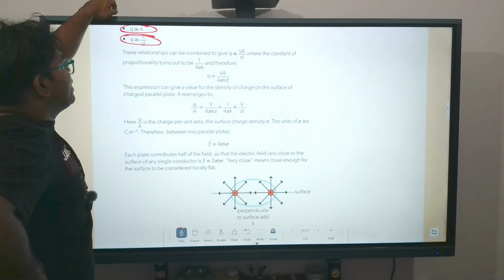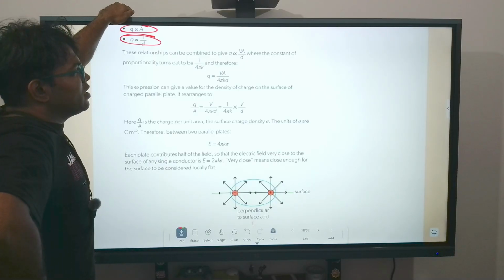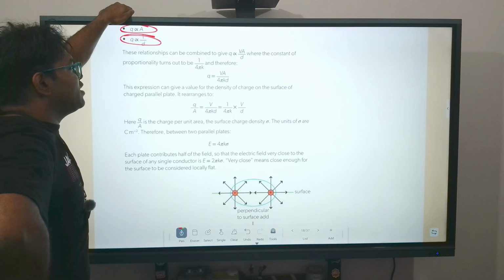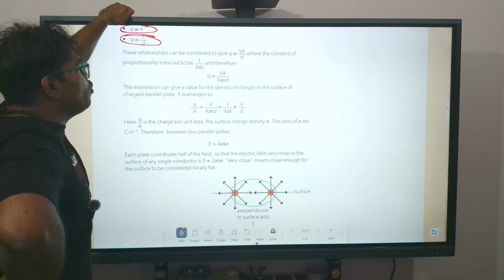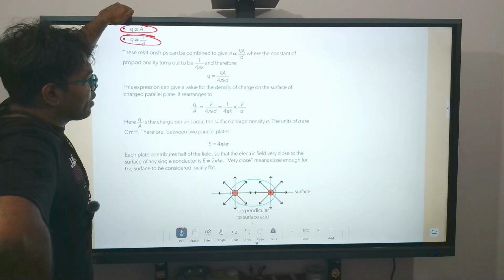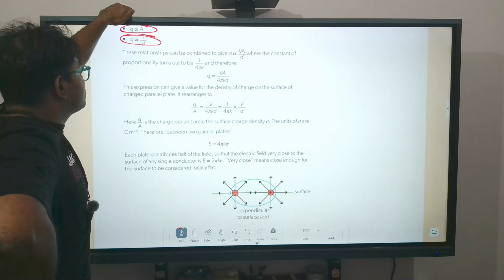These relationships can be combined to give Q directly proportional to VA upon D, where the constant of proportionality turns out to be 1 upon 4 pi K, and therefore Q is equal to VA upon 4 pi KD.